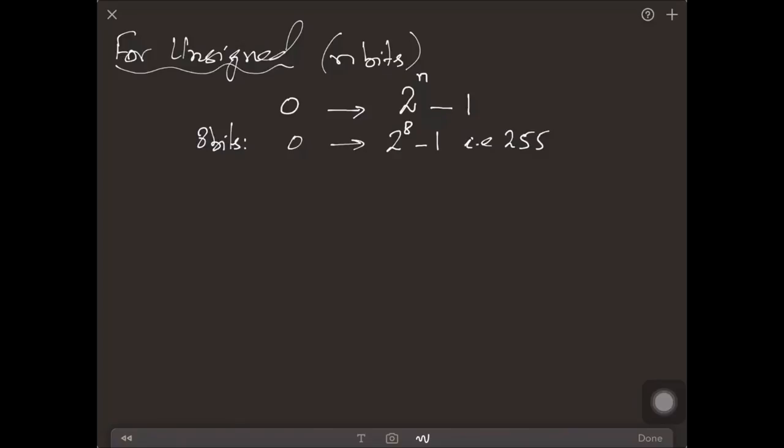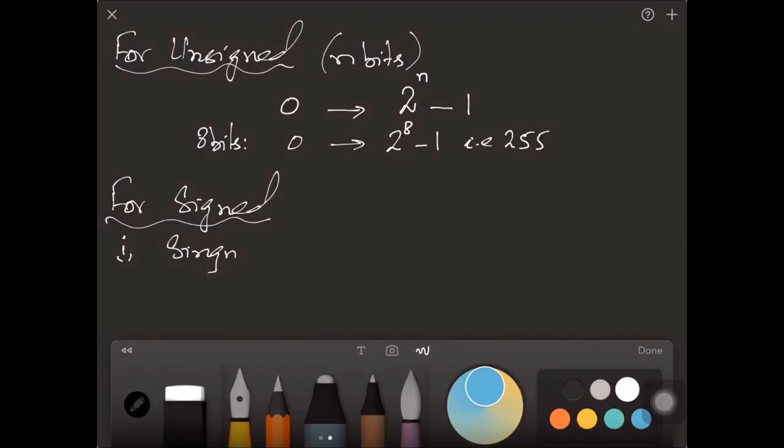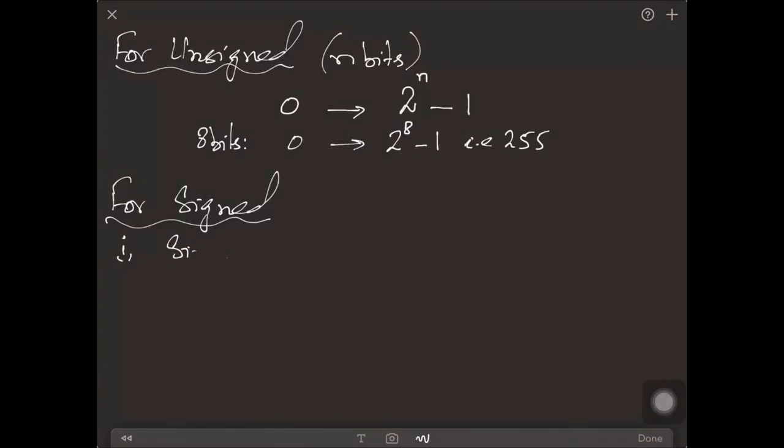Well, then, as far as the signed numbers are concerned, it depends on the representation style of a signed number. A very common style is known as sign magnitude.